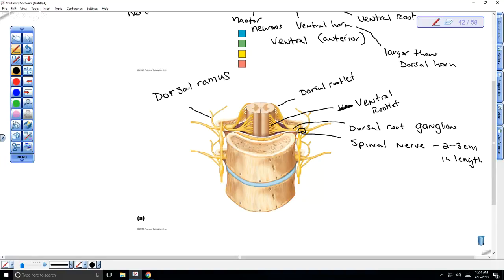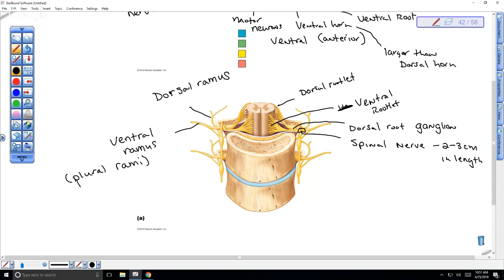Okay. This is what is called the ventral ramus. The plural of this is rami. If you have multiple ramus, you don't call them ramuses, you call them rami. Notice that this is much larger.